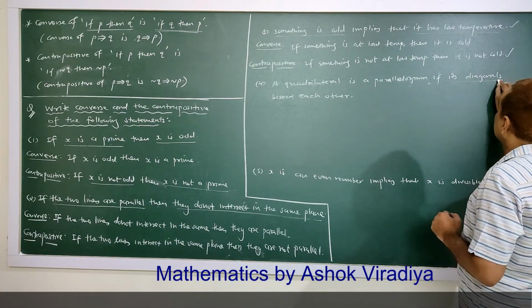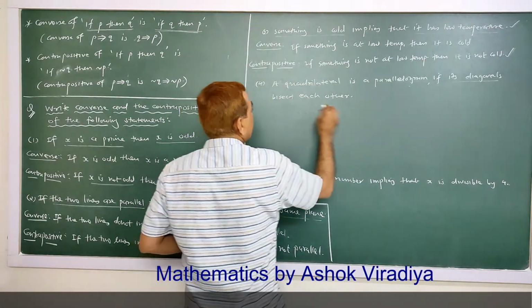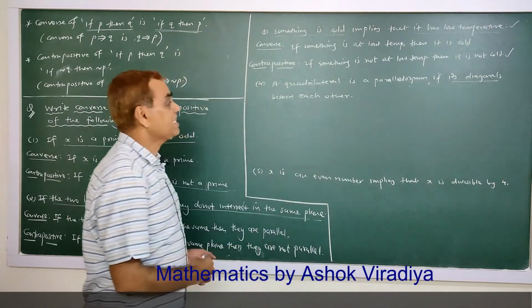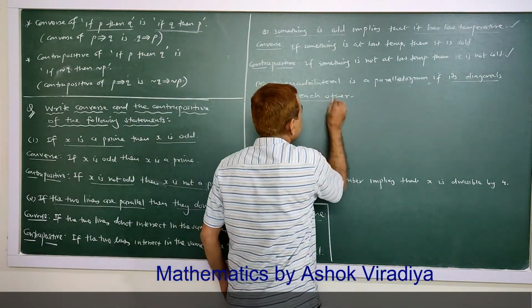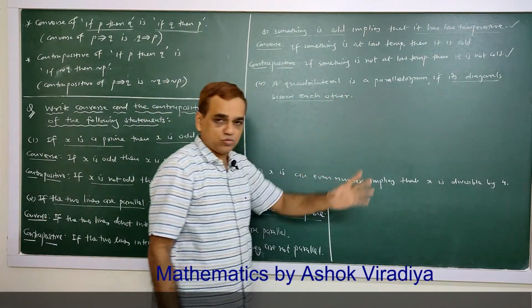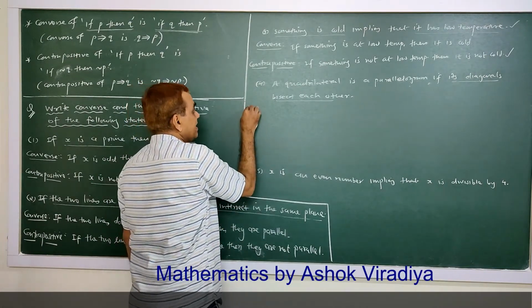Quadrilateral, parallelogram, diagonals bisect. Parallelogram, diagonals of quadrilateral bisect each other. So this part is P, this part is Q.